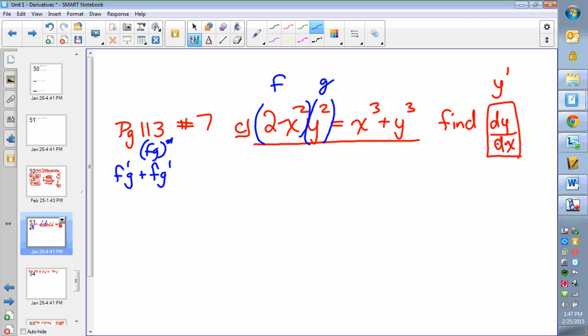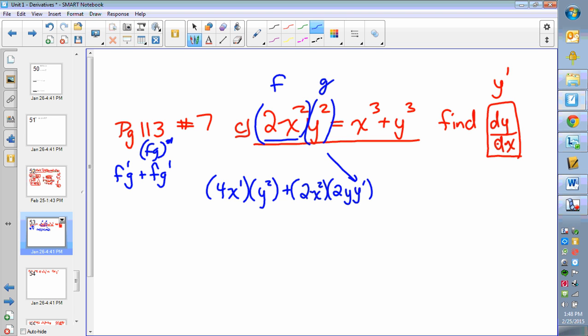So f prime, the derivative of 2x squared, is 4x to the 1. And then you write g by itself, which is just y squared, plus f, which is 2x squared, and g prime is 2y, y prime.